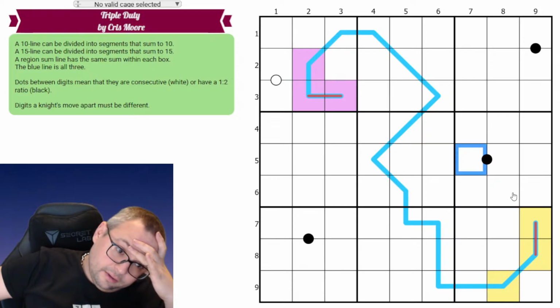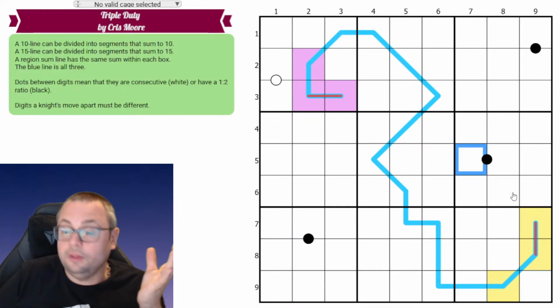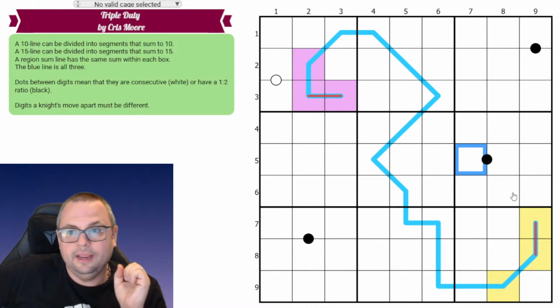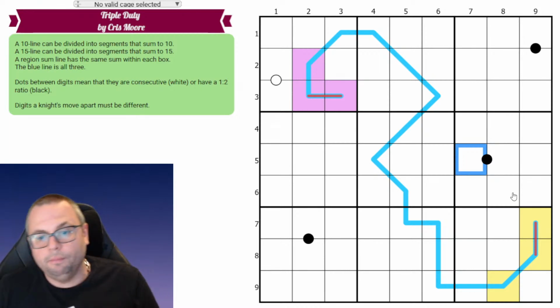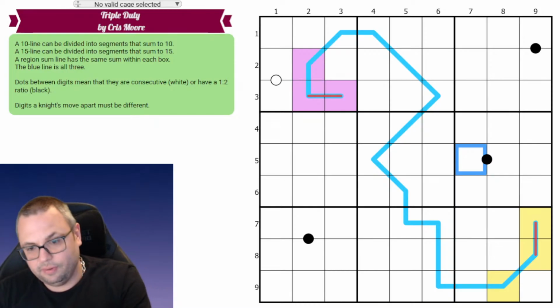Oh, the sum of the full line. Yeah, the sum of the full line, I agree, is a multiple of 30. The sum of the individual box totals has to be at least a multiple of 6, I guess is the right way to say it.